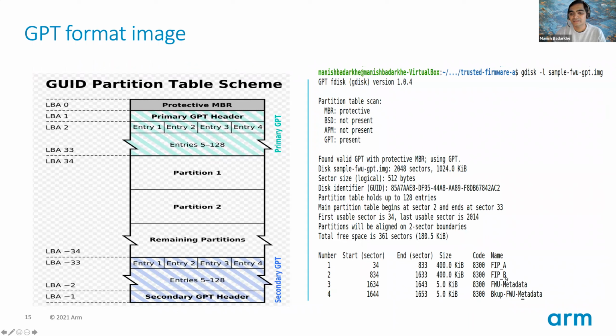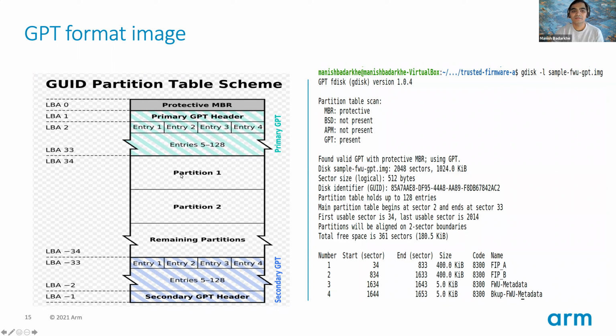Consider that FIP-B is getting updated by the update agent. Then TFA will take this FIP-B by reading the metadata. The metadata is also part of this GPT image. All these things are part of the GPT image, with the partition information present inside the partition table. GPT is recommended by the firmware update specification so that we can load the images.